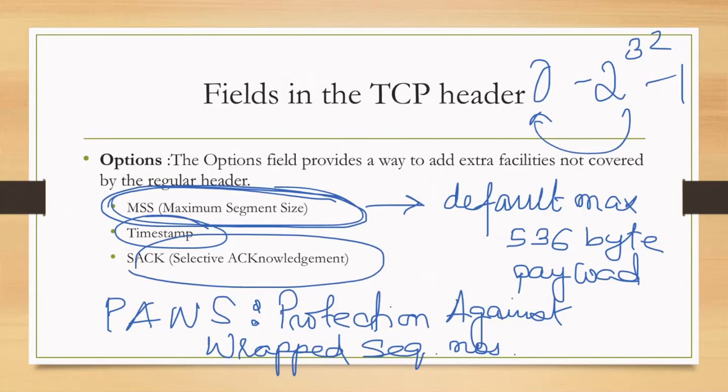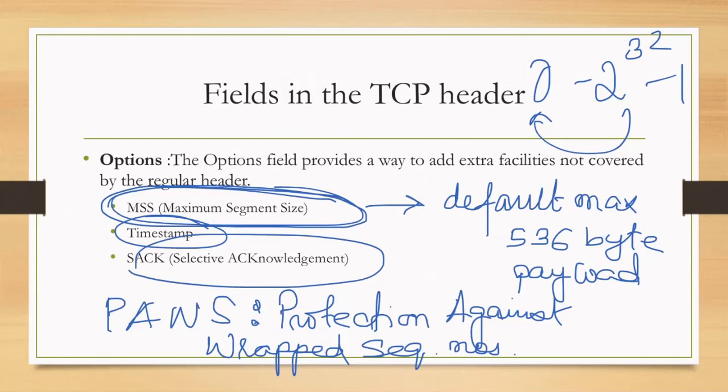So the sender does not need to retransmit all the segments that have not been acknowledged. It will make the sender aware of what data has been received and what has to be retransmitted. So selective acknowledgement is one of the things here.